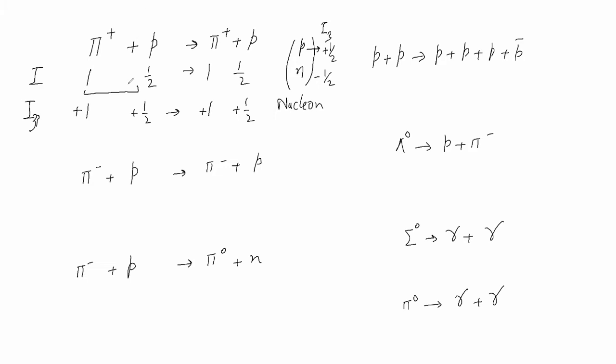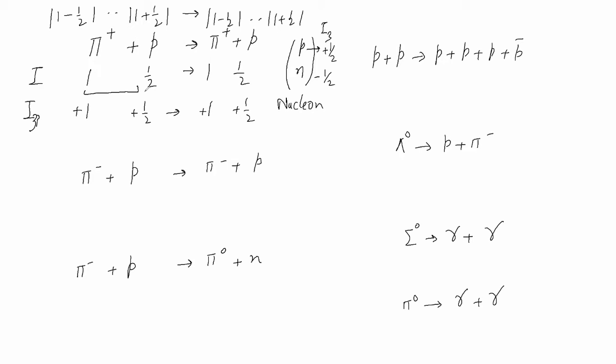See, this is isotopic spin. Its addition will take place in analogy with what you do in angular momentum, and therefore this will go from 1 minus half to 1 plus half. Similarly here, 1 minus half to 1 plus half.